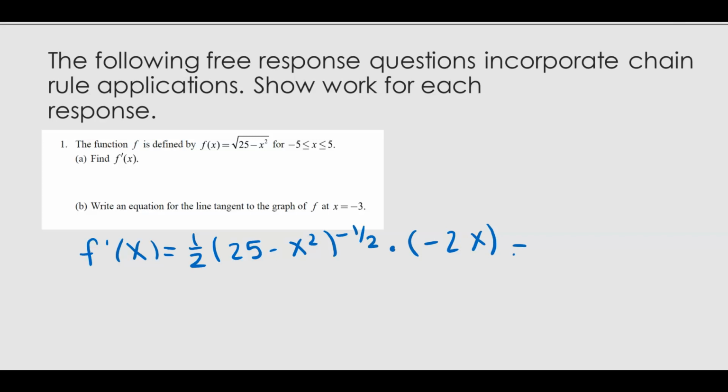And then we're just going to simply clean that up. So the negative 2 and the 1/2 are going to cancel, and you're going to be left with negative x over the square root of 25 minus x squared. And the only thing that's going to change now is here. Your original domain was from negative 5 to 5.